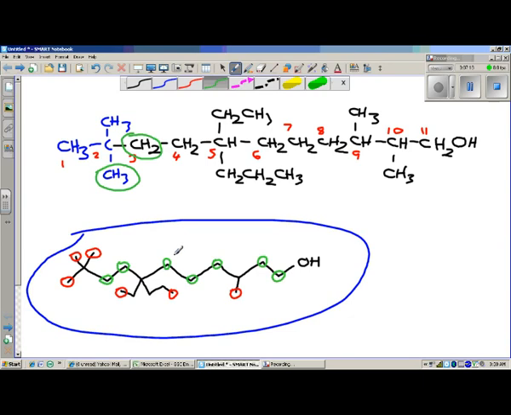And notice now there are only 3 carbons left. Actually, I need to put CH2 there, CH2 there, and CH2 there. There are only 3 carbons left I haven't put circles around yet, and it's that one, this one, and this one.